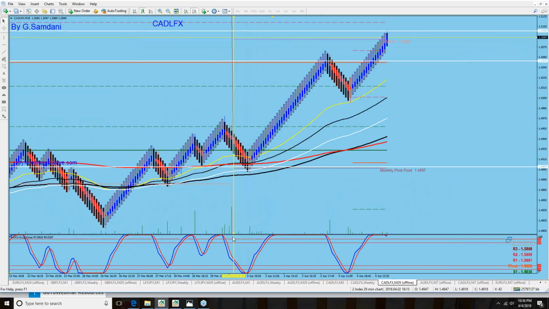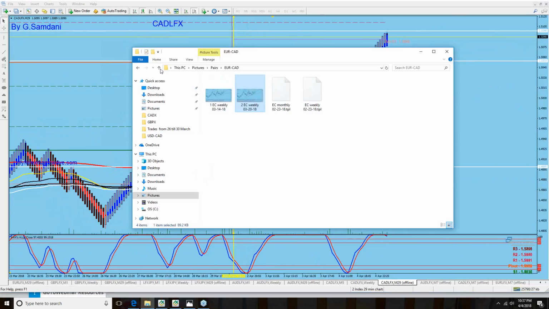At that time, we know that CAD started to bounce and go to the upside. And we have that CAD index monthly chart. As you remember, let me just quickly pull the chart here.